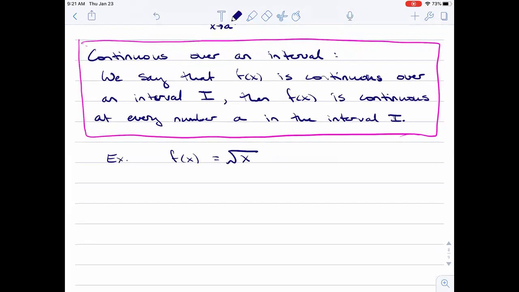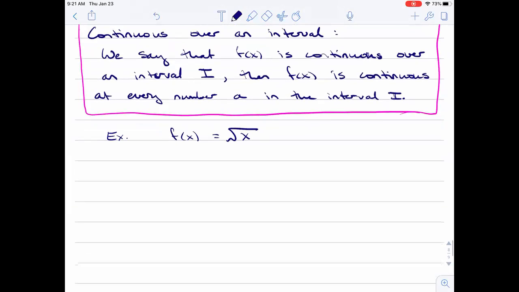It doesn't exist for x less than 0. And so here, this is continuous on the interval 0 to infinity. So it's not continuous always, but it is continuous on this interval.